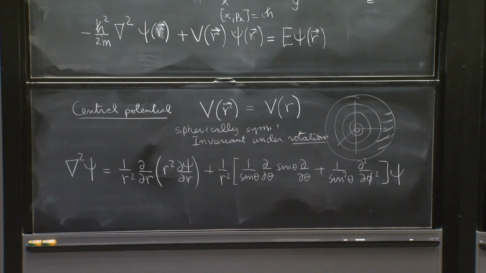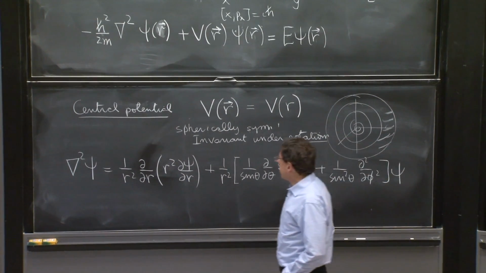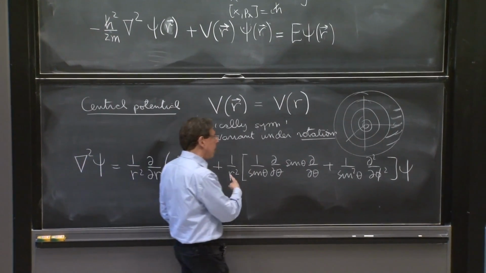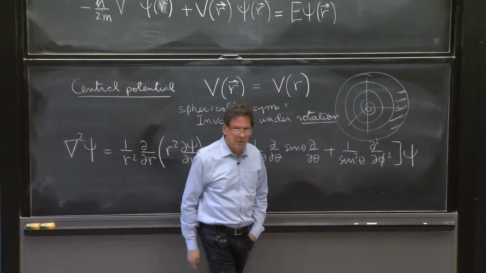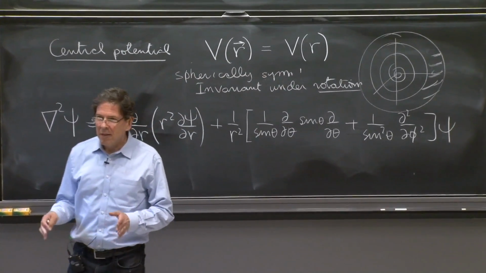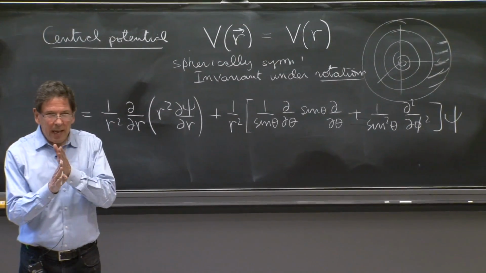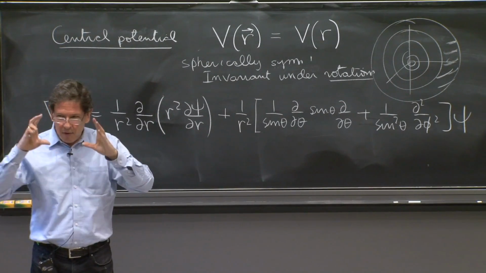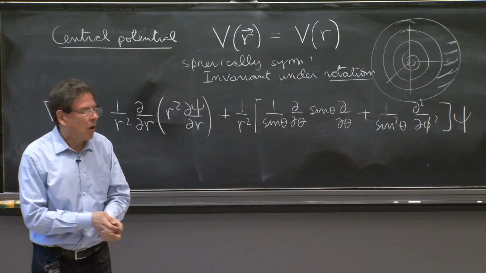Now, it's a complicated operator. And here are some radial derivatives, and here there are some angular derivatives. So, you see, today's lecture is going to have many steps, and you have to keep track of where we're going.